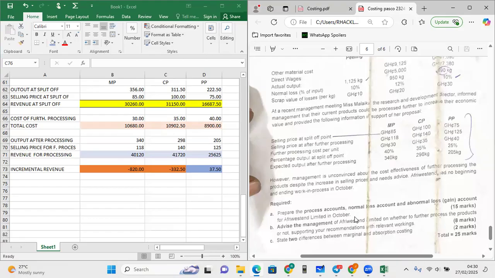The second is that marginal costing has a higher profit margin per unit, and absorption costing has a lower profit margin per unit. The third: marginal costing focuses on short-term decision making, such as pricing and profitability. Absorption costing focuses on long-term profitability, inventory valuation, and financial reporting.